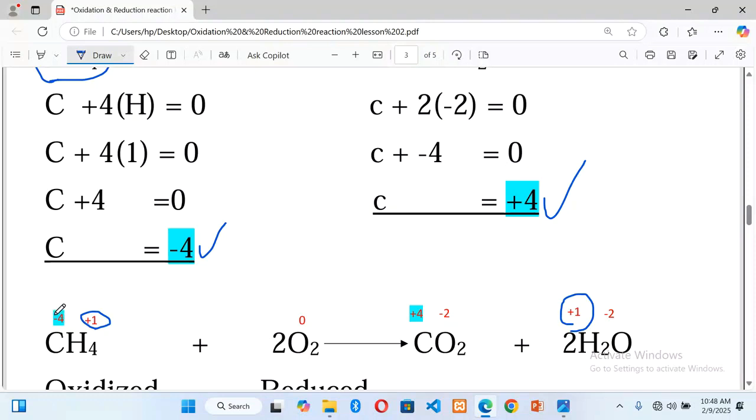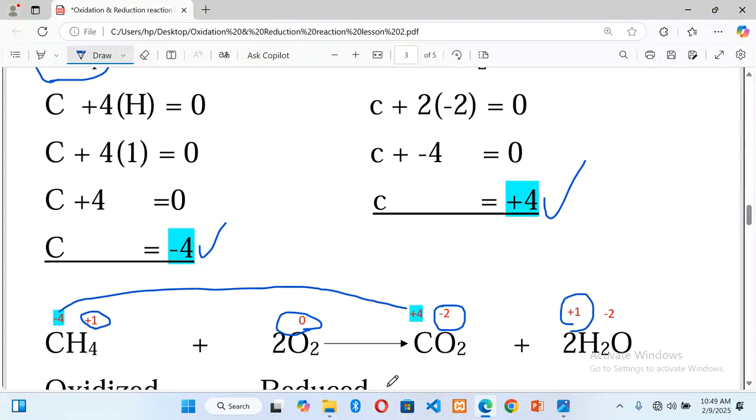It is moving from -4 to +4. This is an increase. What about oxygen? It is coming from 0 to negative. I think there is reduction. So on oxygen there is reduction. On carbon there is oxidation. I believe we see it very well.